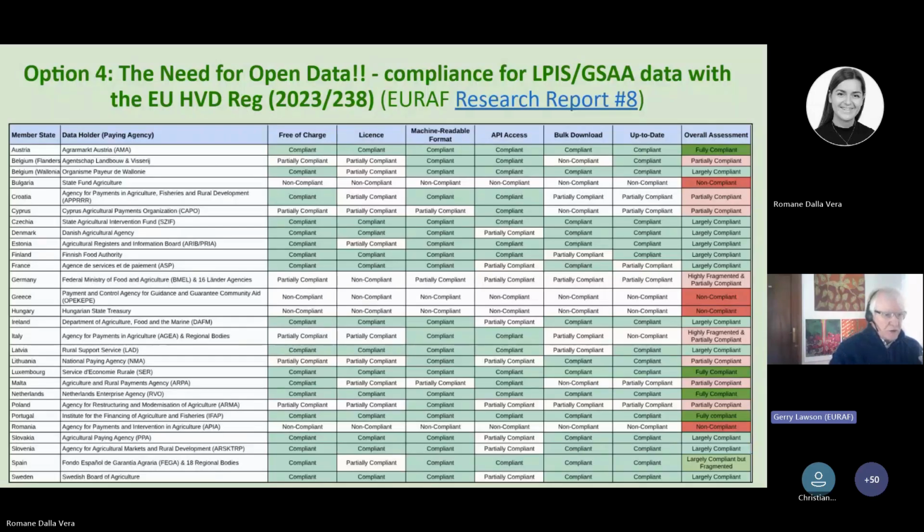There are European regulations on this, but very few of the member states comply with those regulations fully. At the moment, only Austria, Luxembourg, and Portugal are fully complying. A lot of the light green countries are close, and this is flagging that those countries that are deep red are providing none of this information in a public way, and that needs to be improved.